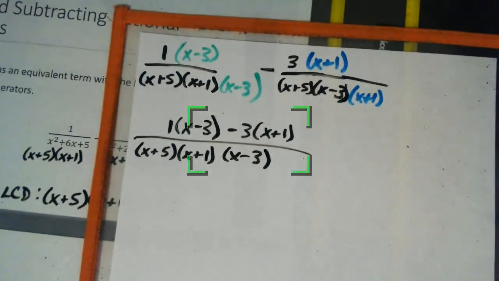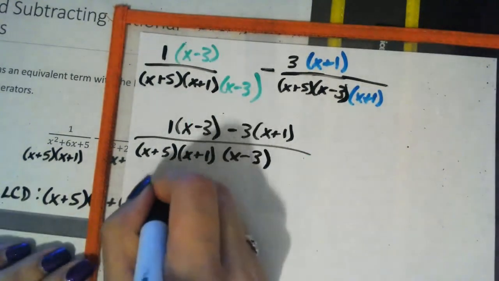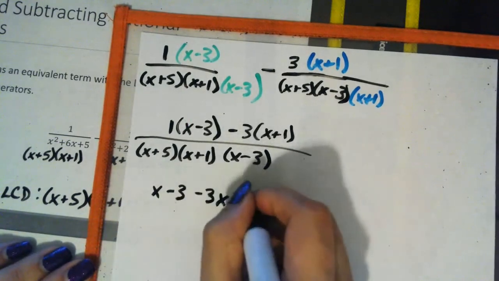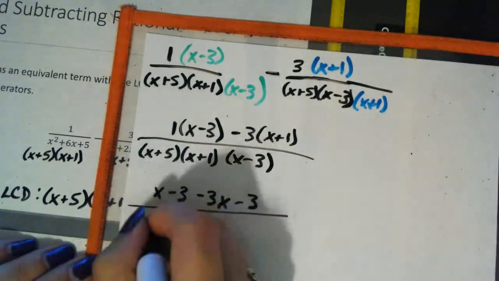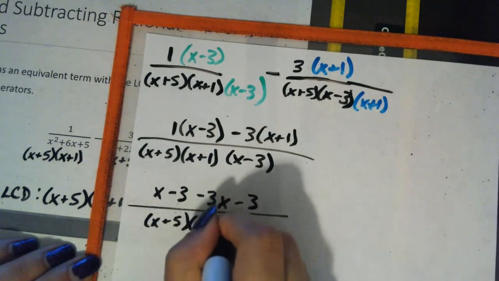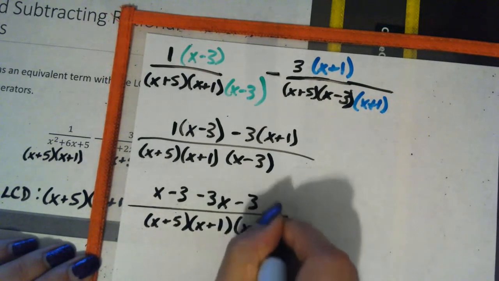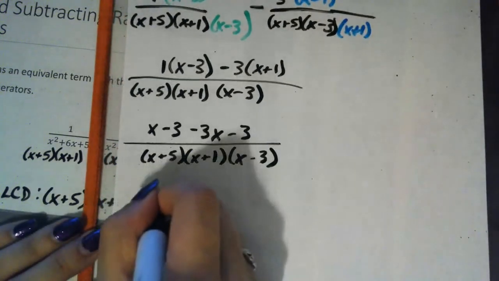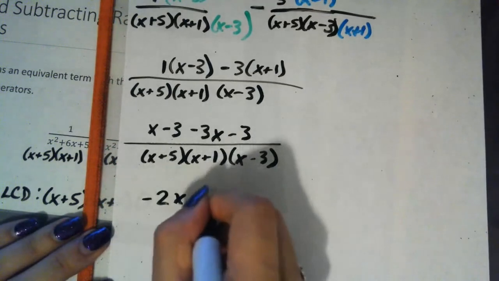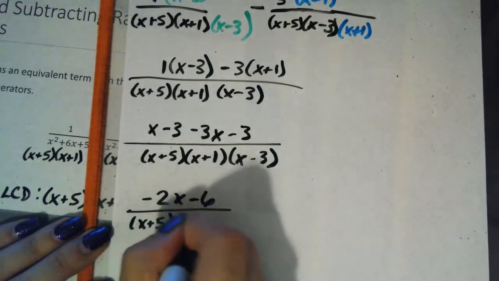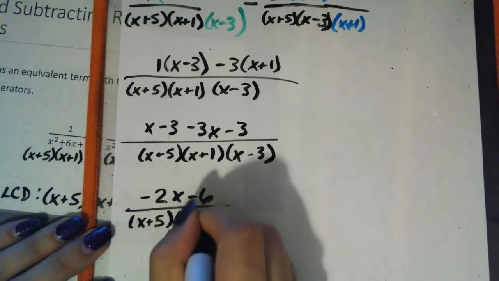I'm going to distribute through my numerator, giving me x minus 3 minus 3x minus 3. That's over our (x plus 5)(x plus 1)(x minus 3). I combine my like terms, giving me negative 2x minus 6 over (x plus 5)(x plus 1)(x minus 3).